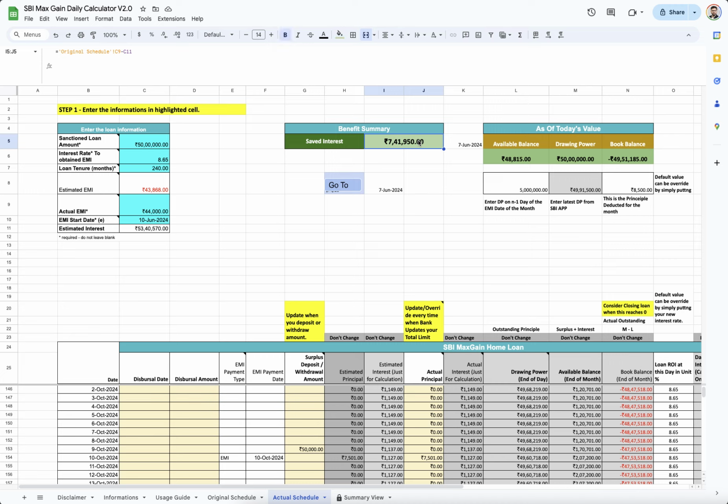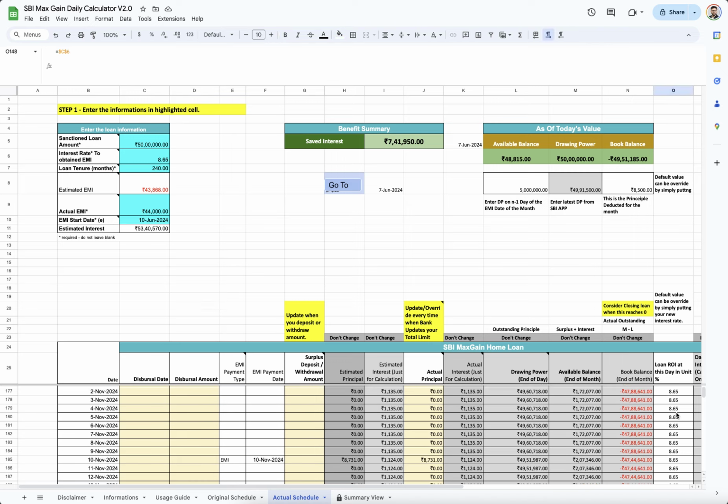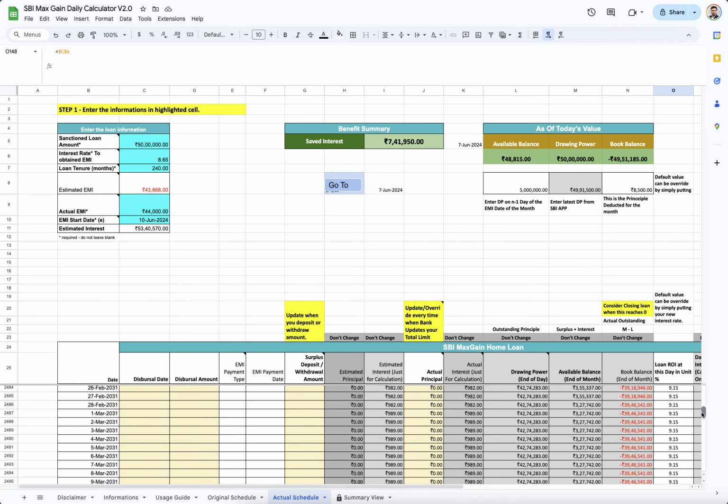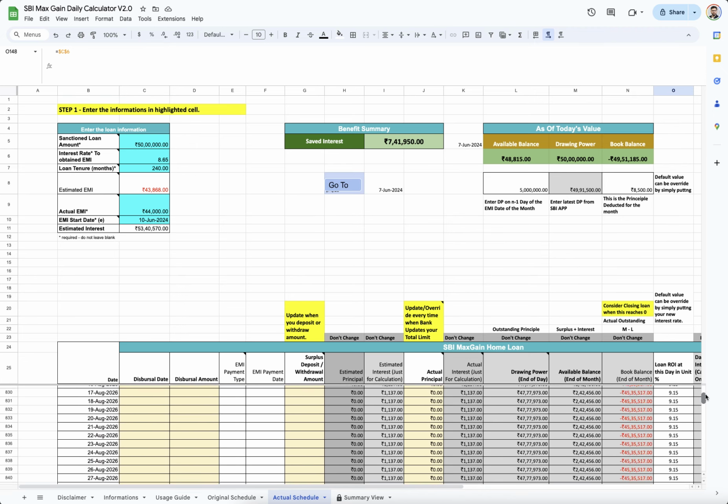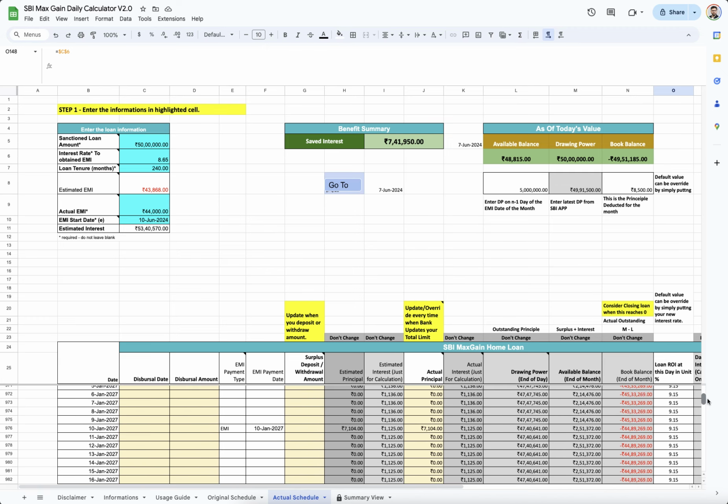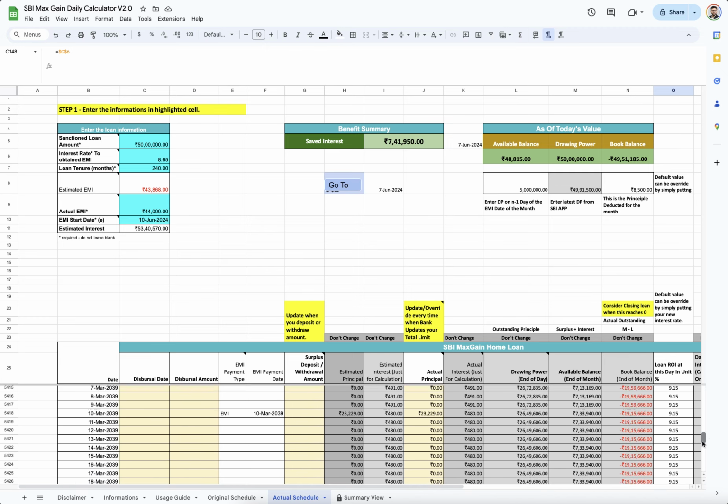In total, we saved this much interest, because our interest rate started from 8.65, then we increased to 9 and 9.15.